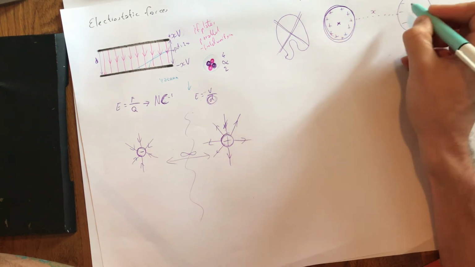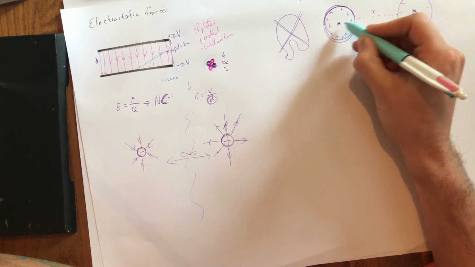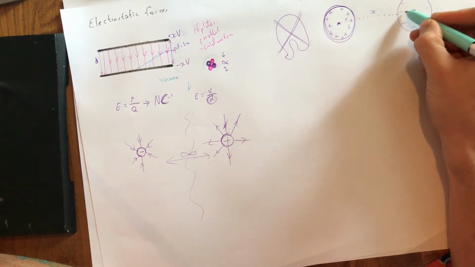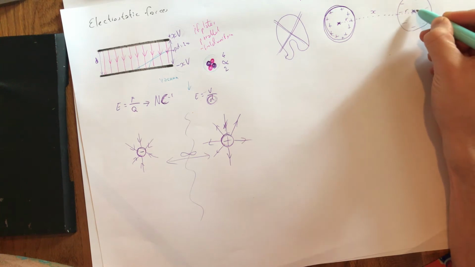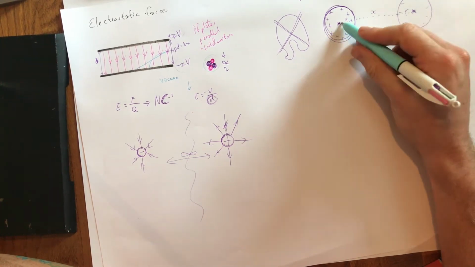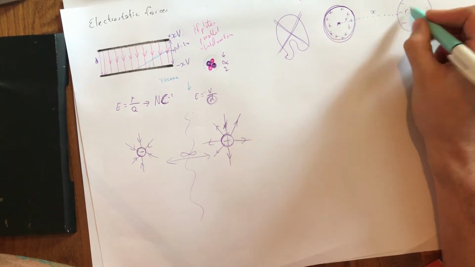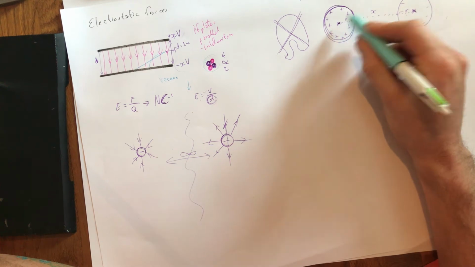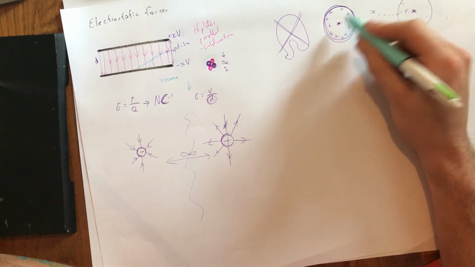But if we're considering the charges acting about these points at the center, let's imagine these are both the same size. Then the total distance between them, when we're thinking about those actual distances, will be x plus 2r, because we're treating the charges as all acting about those points there.